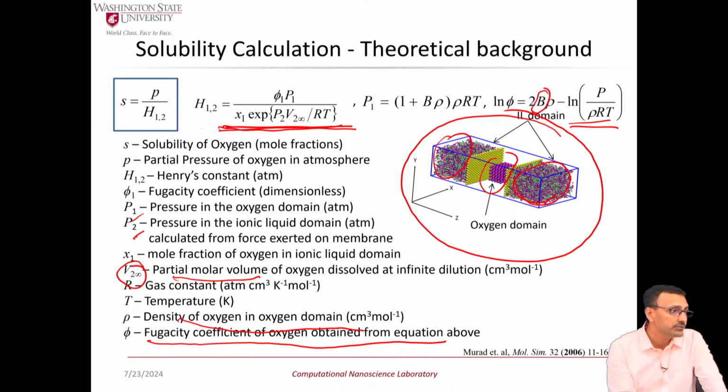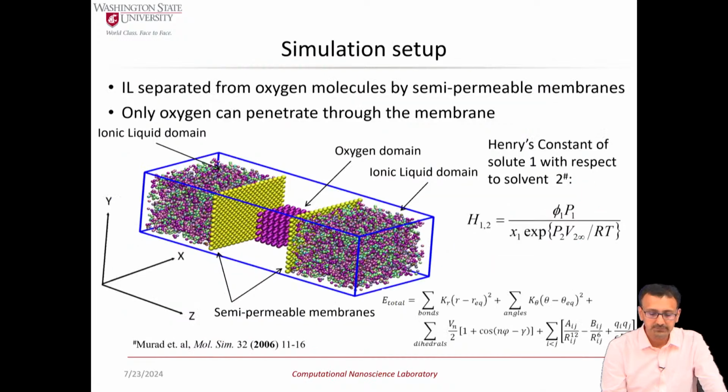That is why I wanted to show you this example, because we talked about the second virial coefficient, and here you see that the second virial coefficient B appears. So, if we can calculate each of these parameters from our simulation, we are able to plug that in to calculate the Henry's constant, and from the Henry's constant we can calculate the solubility of oxygen, which was the purpose.